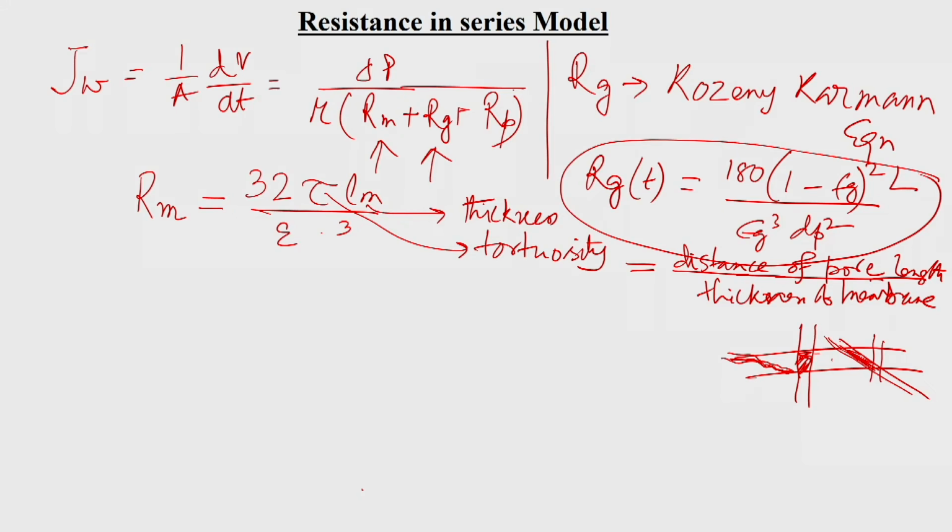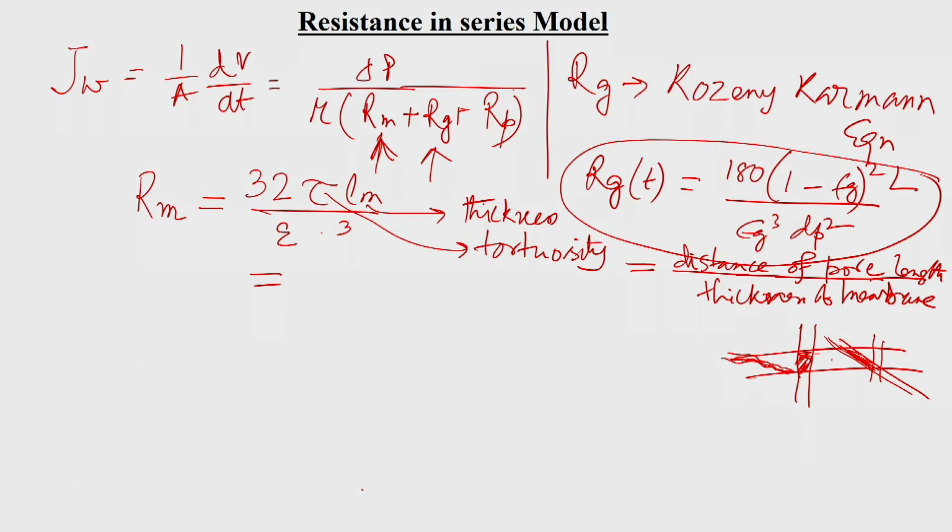Okay. So, we can get R m from this equation, or sometimes R m is equal to 1 by mu into L p. If we know the viscosity of the solvent as well as the permeability of the membrane, from there also we can get the membrane resistance.